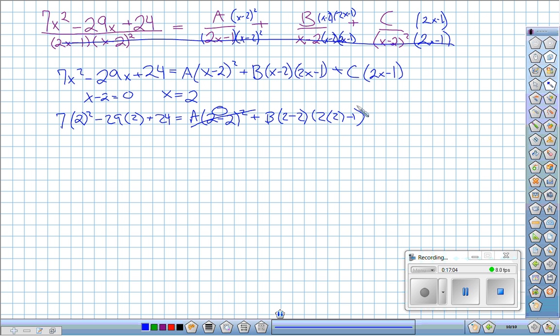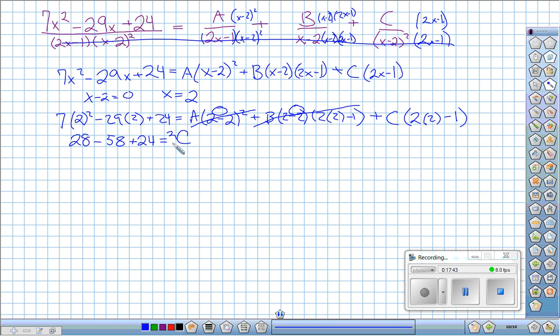That whole thing is going to go to 0 because of this guy right there, plus c times 2 times 2 minus 1. Then I'm going to solve for c, because that's the only thing I have left. So I'm going to have 7 times 4, so I have 28 minus 58 plus 24. So 0, 0, and then I have c times 4 minus 1 times 3.